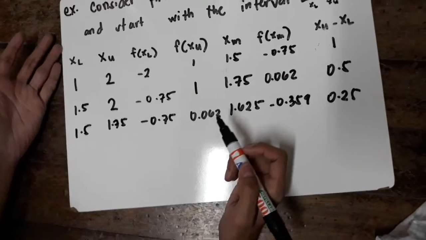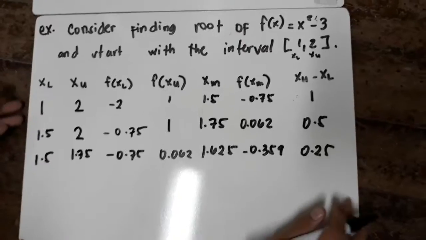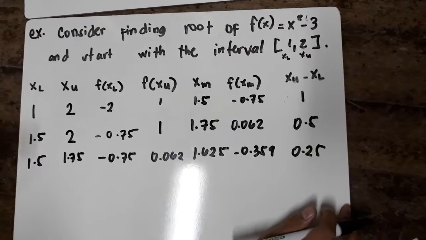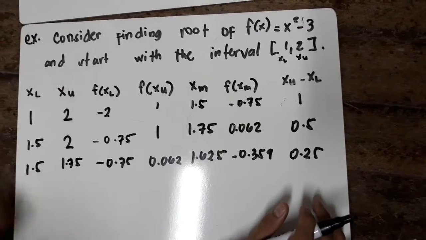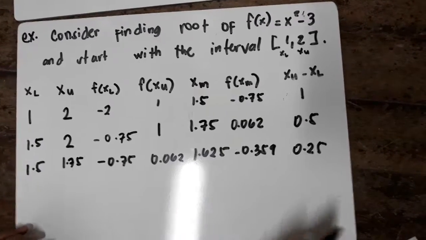But I will show you now the value where the root lies, and it is in the 7th iteration.